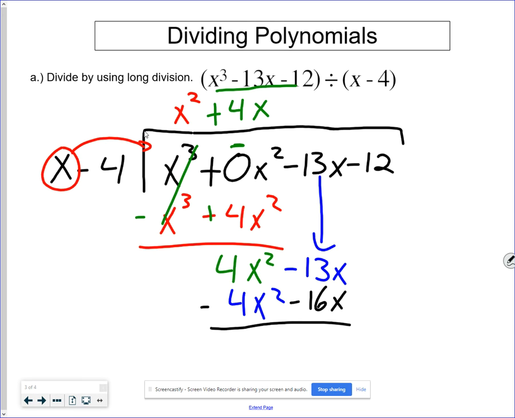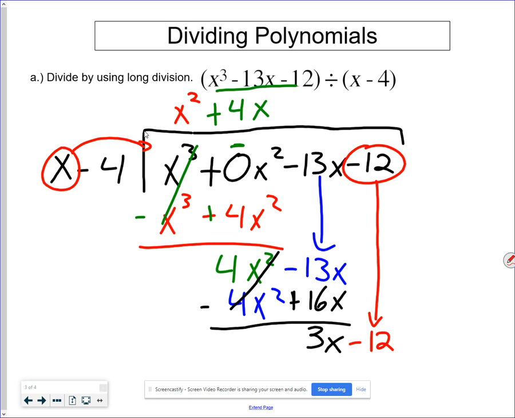We'll flip the signs. So we have a minus 4x and a plus 16x now. Our 4x's cancel out, and minus 13x plus 16x is 3x. This time I'm going to remember to bring the term down. So we'll bring this minus 12 down.